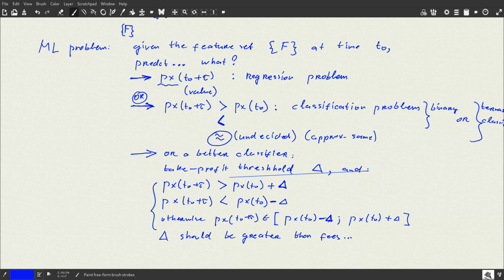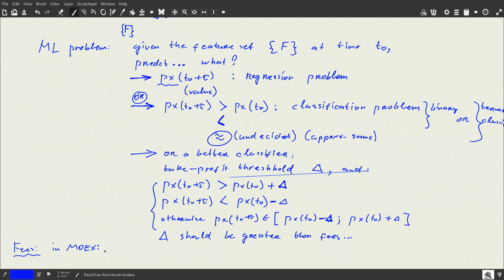What kind of fees do we have? In Moscow Exchange, they really depend on your setup, which broker you use, how it is implemented.